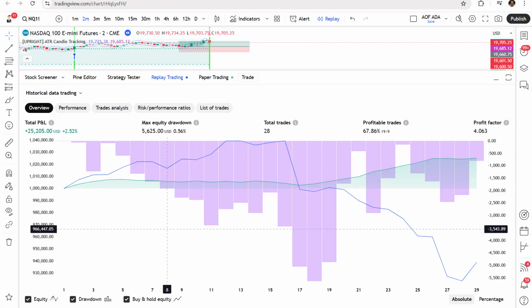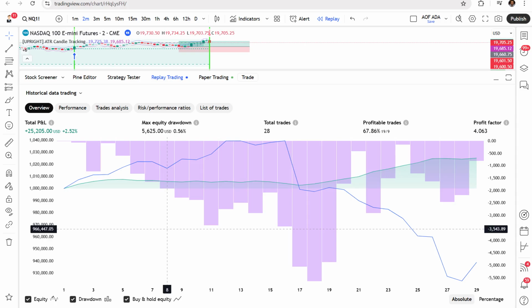All right, so let's just go ahead and go over the numbers on what we got out of this strategy. The first thing I'll show is a screenshot of the actual overview of the testing. So this was over a 30-day period of time, February 3rd, I think it was, to date, which is March 14th, the last day that the market was open.